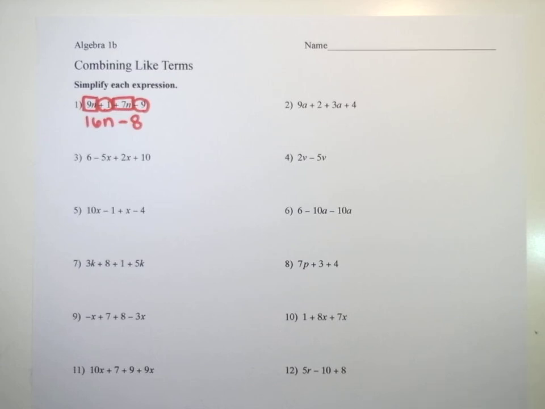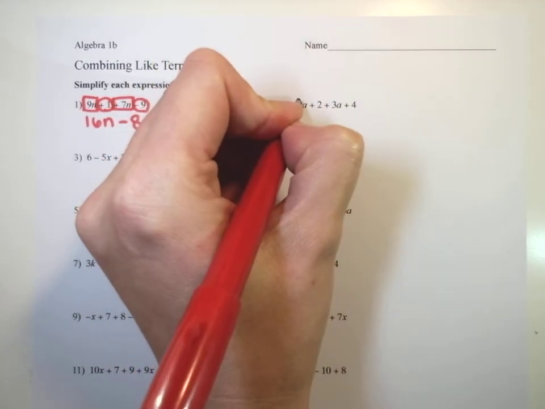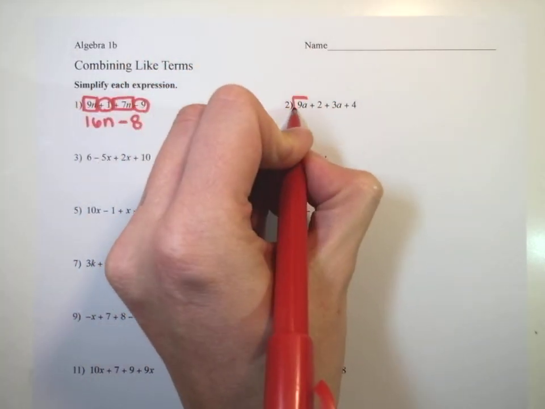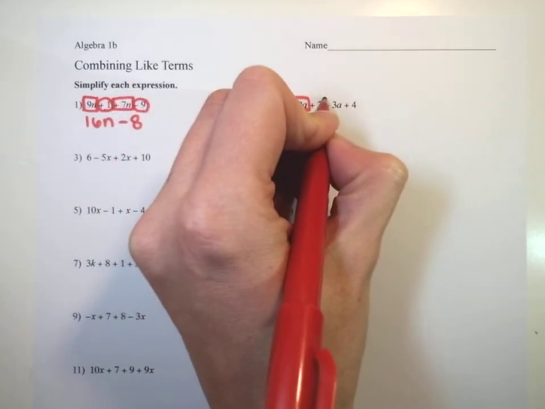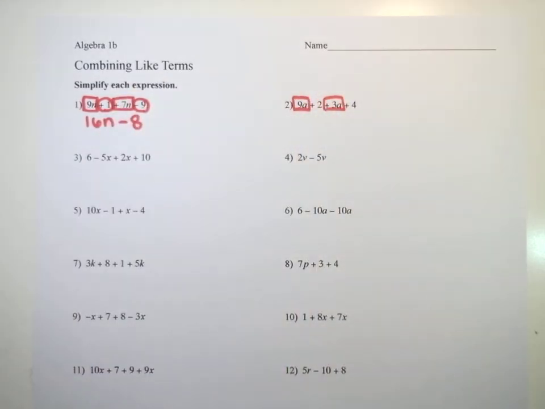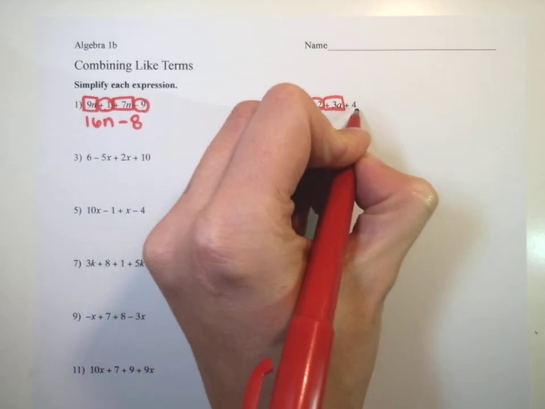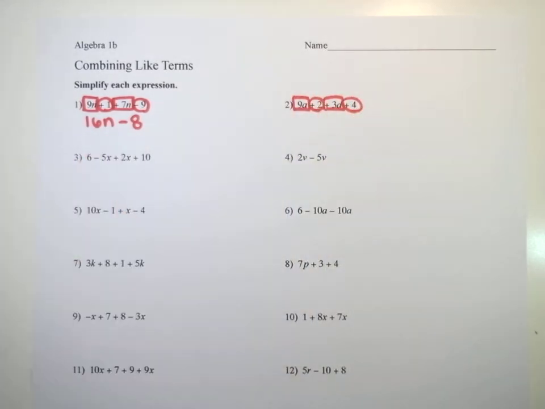Let's look at number 2. Again, we want to use different shapes to identify the like terms. So we have 9a and positive 3a. Make sure to box in the signs. And then we have positive 2 and positive 4. Kind of went quickly on number 1, I got excited.